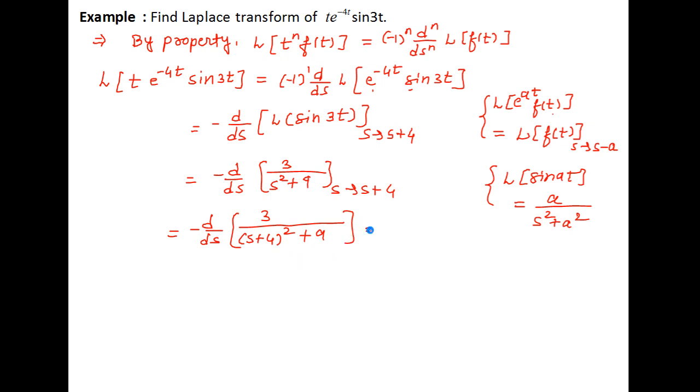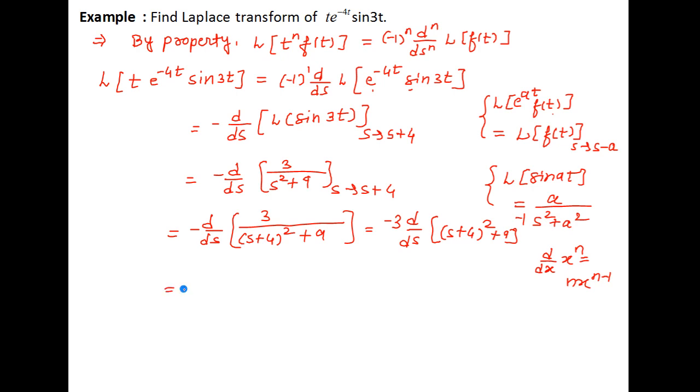And now to take the derivative, 3 is constant, we can keep it outside, d by ds, and s is present only in the denominator, so we can write this s plus 4 whole square plus 9 bracket raised to minus 1. And again by using a standard result, derivative of x raised to n is n into x raised to n minus 1.